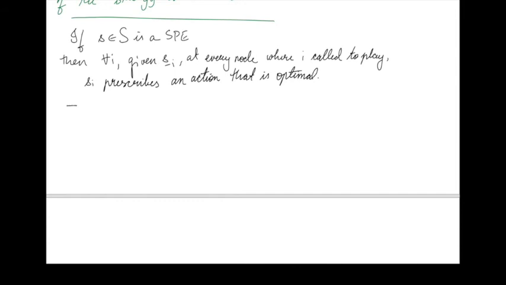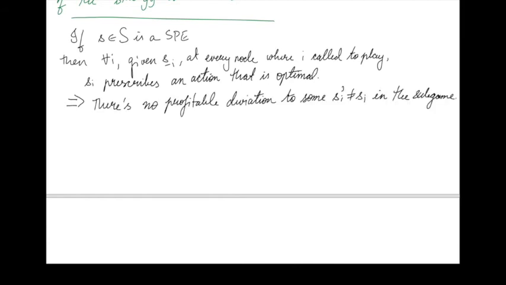What this means is that there's no profitable deviation to some other strategy from that node onwards for player I that would give player I a higher payoff in the subgame. There is no SI prime that I could switch to at that node, so that in the subgame, player I, rather than playing according to SI, would behave according to SI prime, and that deviation from SI would be a profitable one.